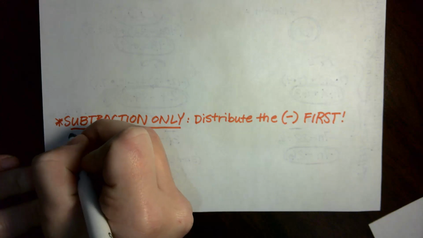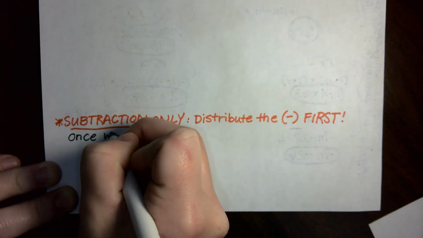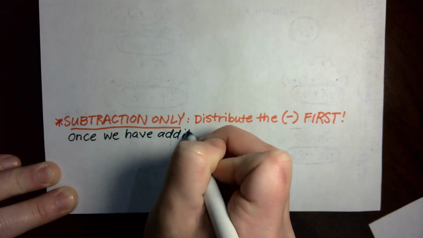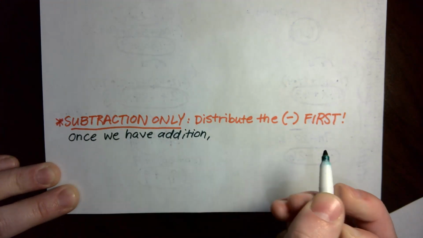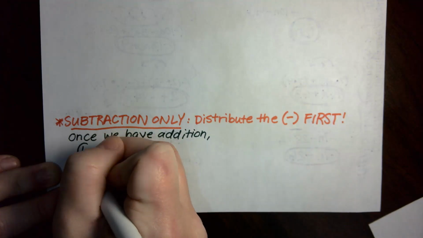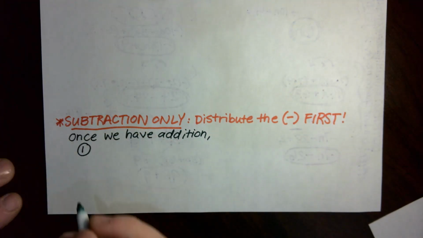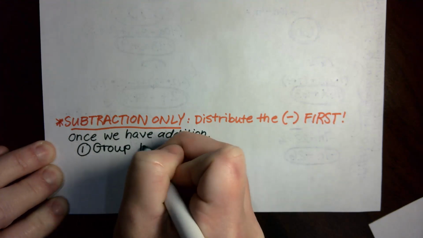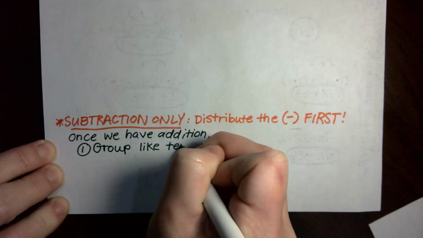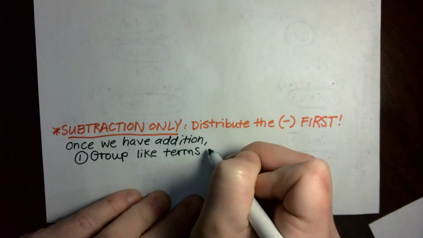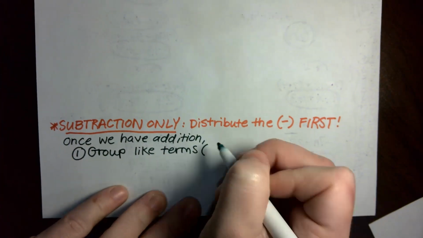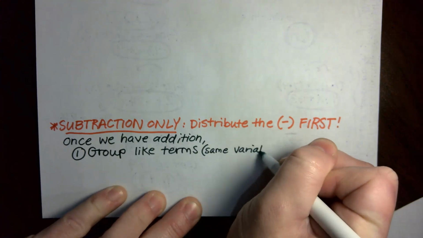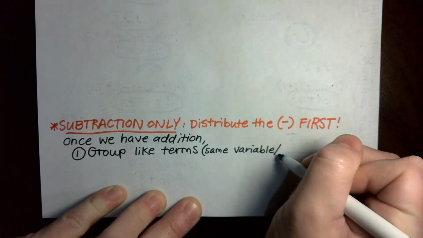Then, once we have addition, here's our steps. So step 1, you are going to group your like terms. And in parentheses, if you forget what like terms are, it just means same variable and power or exponent.